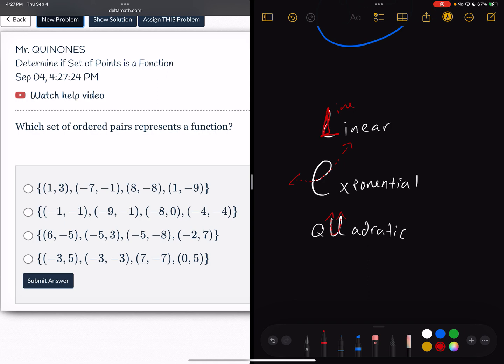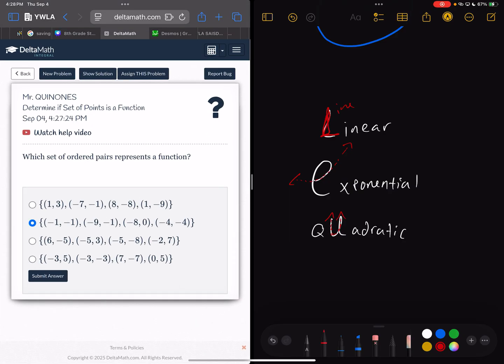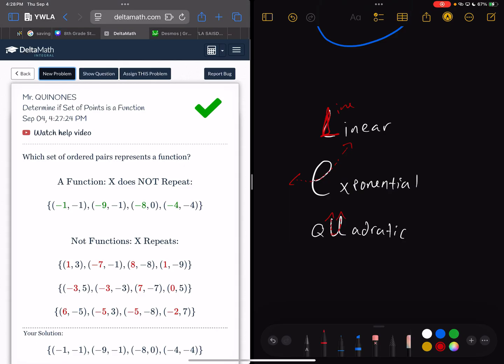None of the x's repeat. We're looking good. Let's check the other two just in case. 6, -5, -5, -2. Nope. And let's check the last option: -3, -3, 7, and 0 for the x values. No. So my only option is B, because x does not repeat in any one of those ordered pairs.